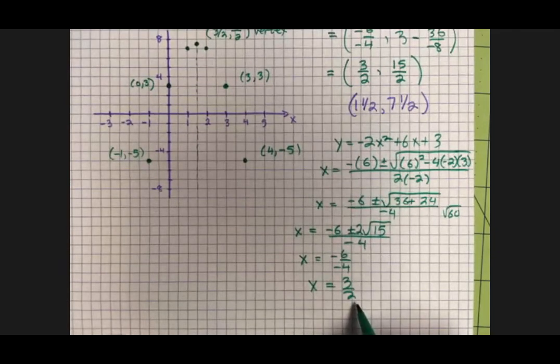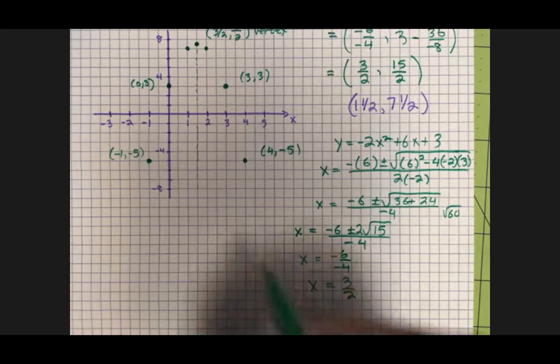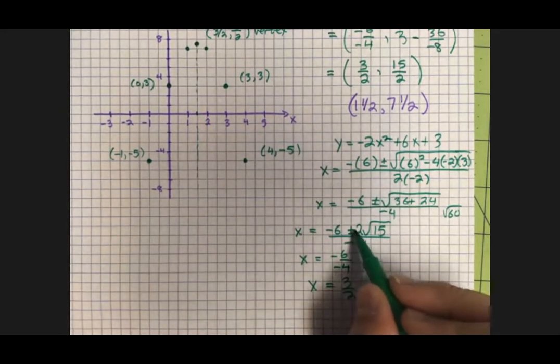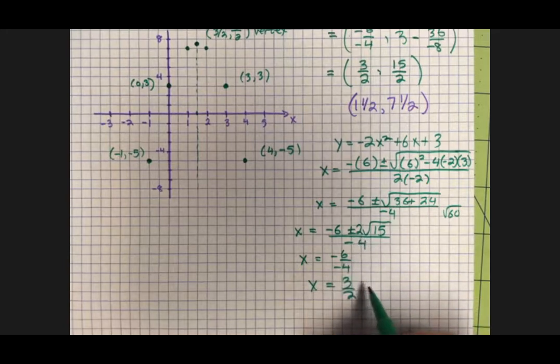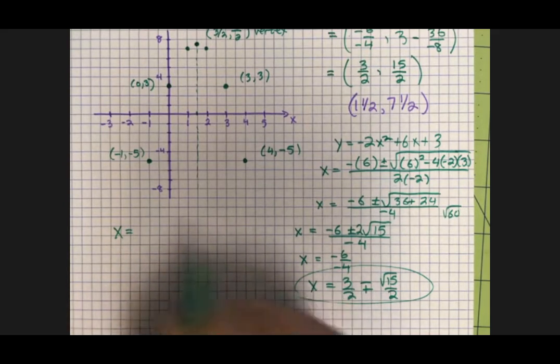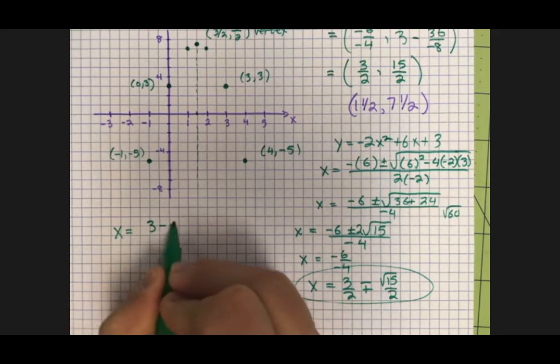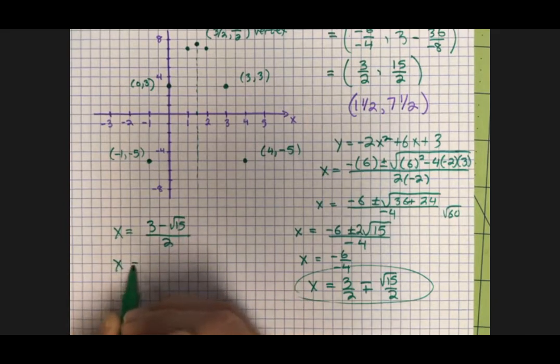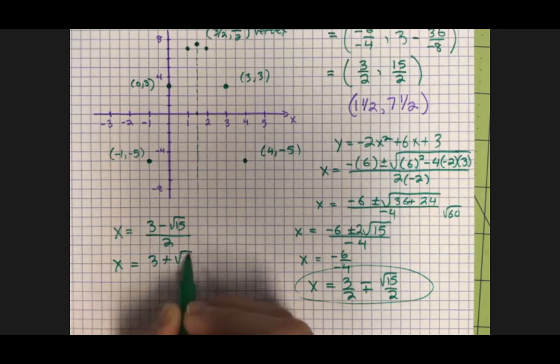Oh, there's the center of the parabola, 3/2. And plus or minus 2 over minus 4 will give me a minus or plus root 15 over 2. Well, let's try those two numbers. 3 minus root 15 over 2 and 3 plus root 15 over 2.